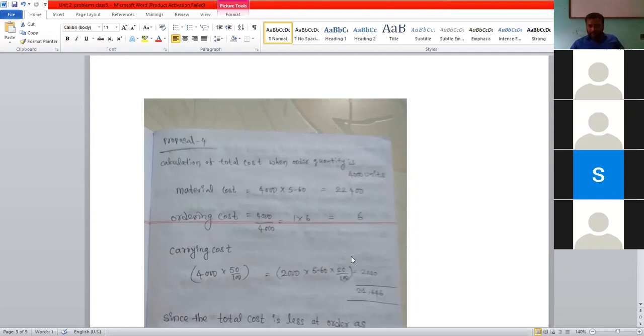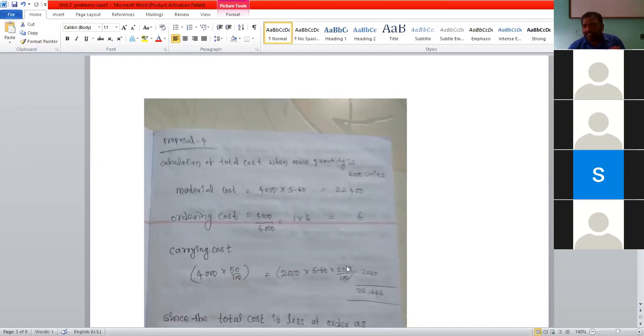Now in this question, first order you would like to make the economic order as 250 units. Next order 800 units. Next order 2,000 units. Next order 4,000 units. So which is having the less cost?